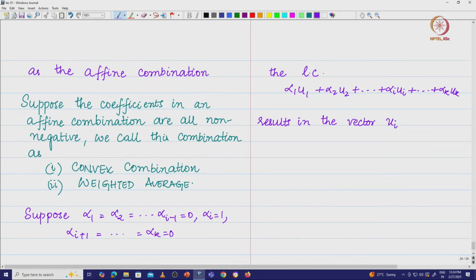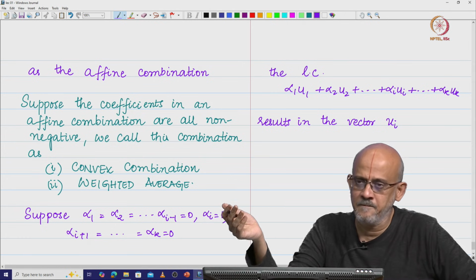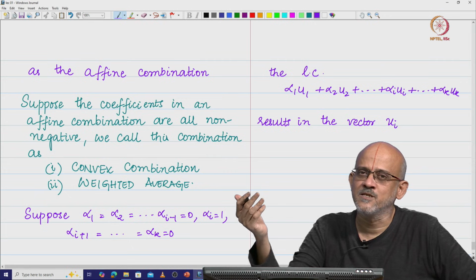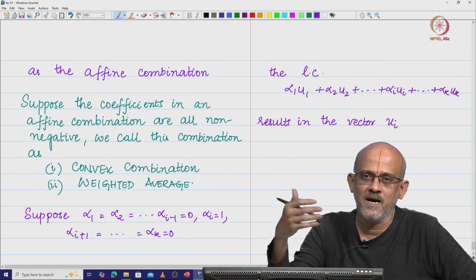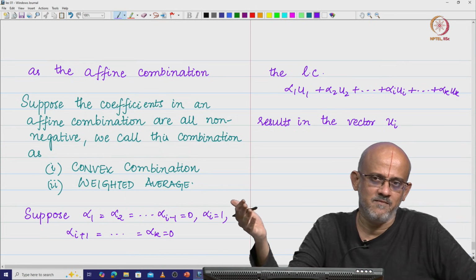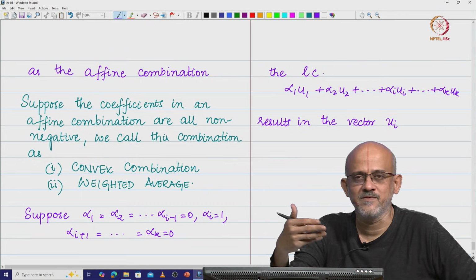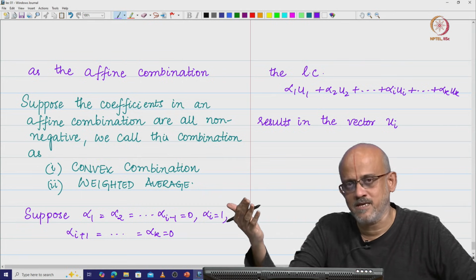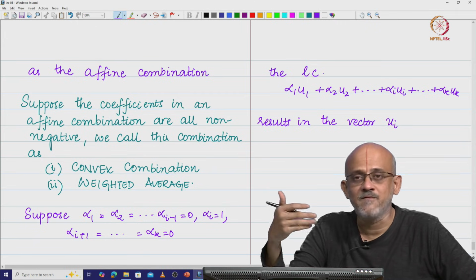So, we feel we understand the first thing: linear combinations of vectors result in another vector. You add scaled multiples of the vectors, and the resultant is going to be a vector. There are certain special linear combinations: we studied the average of the vectors, and then the idea of an affine combination.